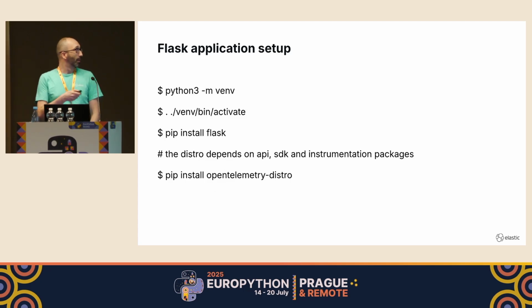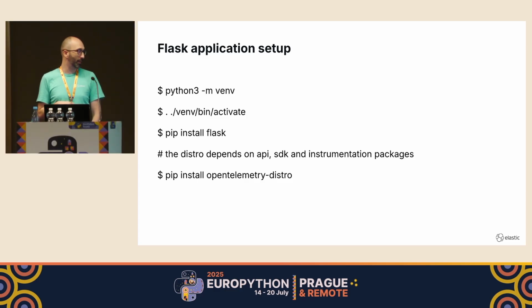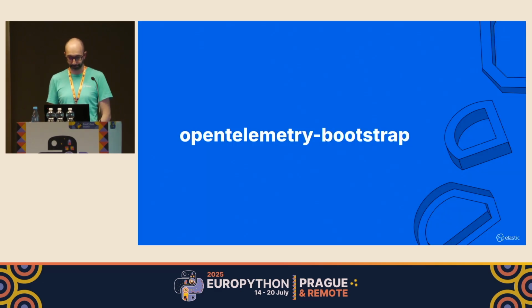First, we're going to set up a virtual environment, activate it, and install the latest Flask. To have the basics of OpenTelemetry packages, it is enough to install the OpenTelemetry package because it already depends on the API, SDK, and the OpenTelemetry instrumentation packages.